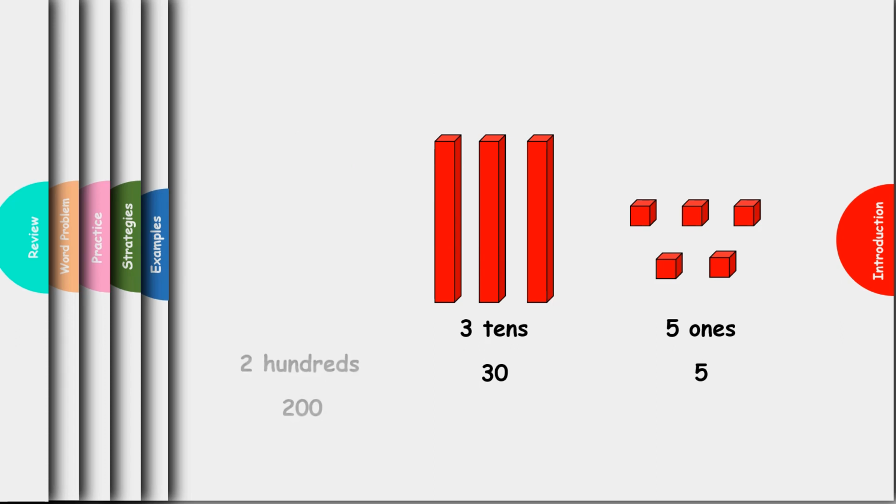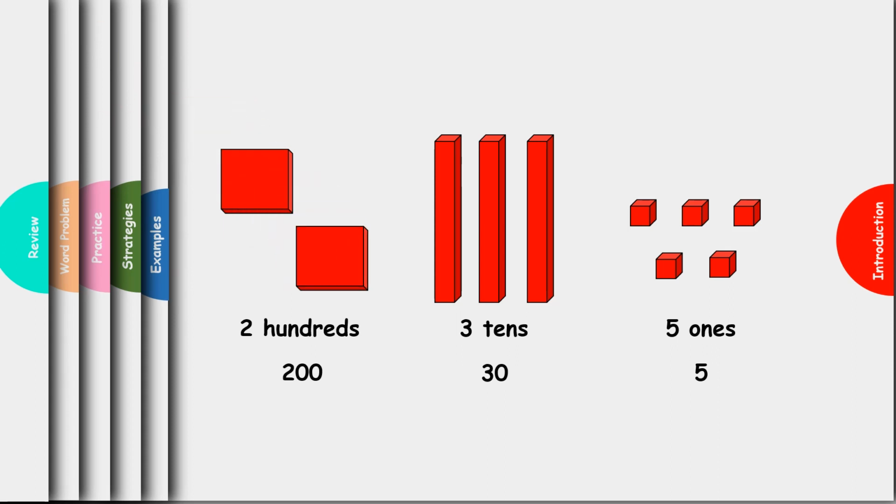And when we say 200s or 200, it is represented by 2 flats. 1, 2, or 100, 200. So that is 200 plus 30 plus 5 equals 235. Hundreds, tens, and ones. Now let's move on.